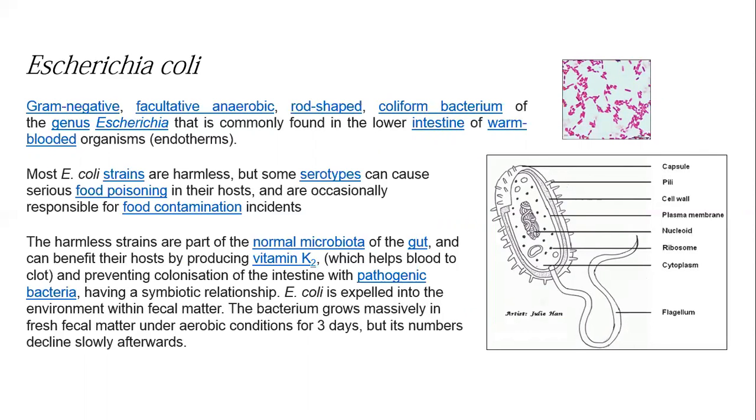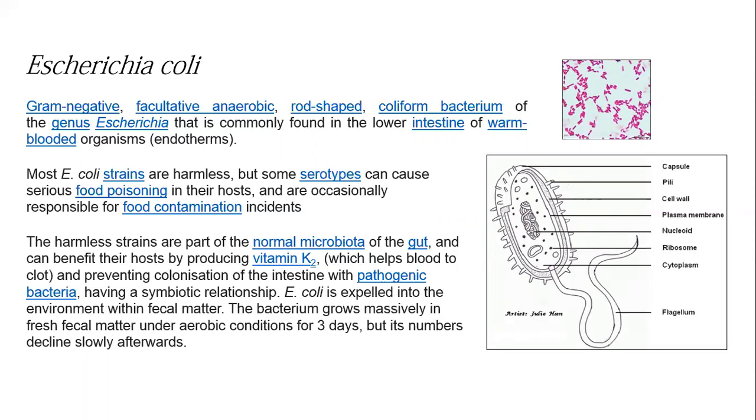The harmless strains are part of the normal microbiota of the gut, and they can benefit their host by producing vitamin K, which helps blood to clot, and by preventing colonization of the intestine with pathogenic bacteria.